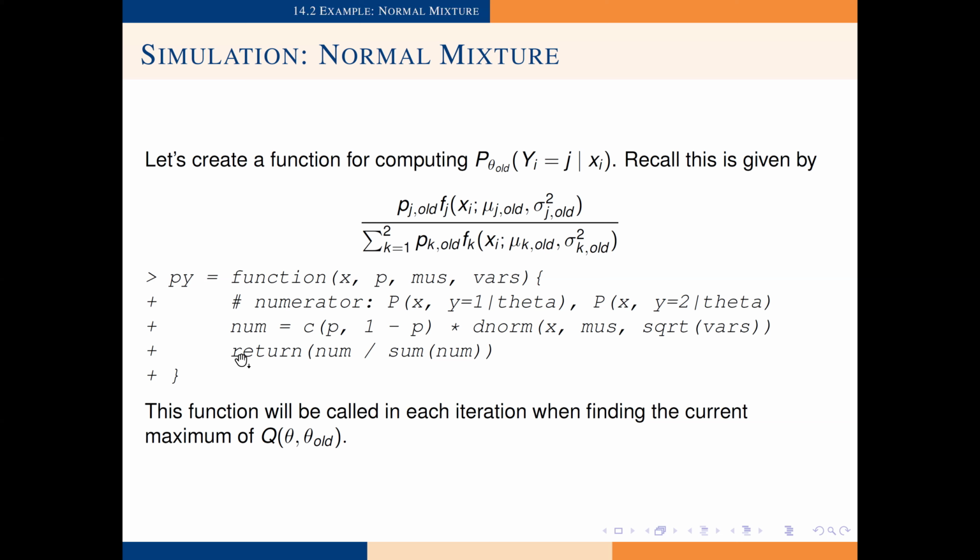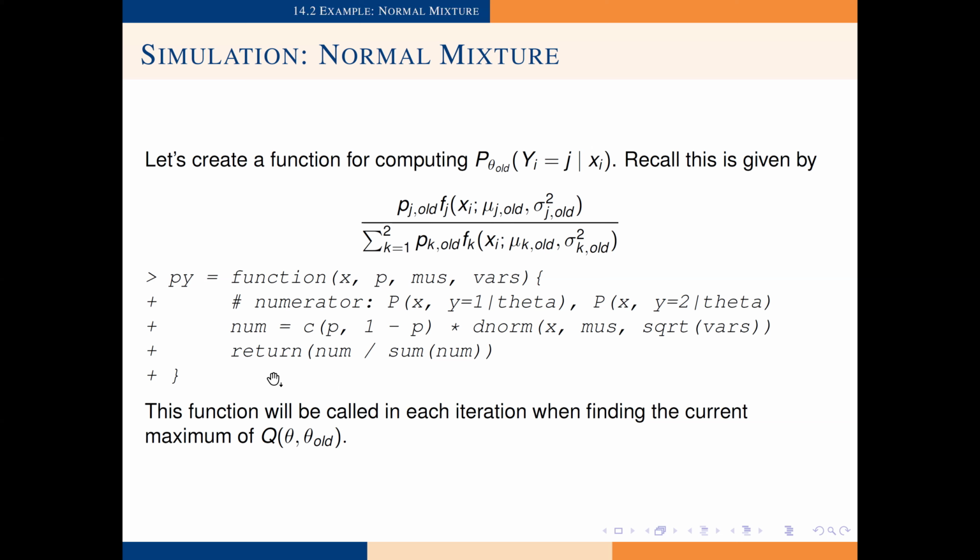And that's our numerator. It's going to be a length 2 vector that gives, for j equals 1 and j equals 2, what the numerator is. You can see that the whole thing for j equals 1 and j equals 2 essentially will be given by the numerator divided by the sum of the two entries of the numerator. That's this summation of k from 1 to 2.